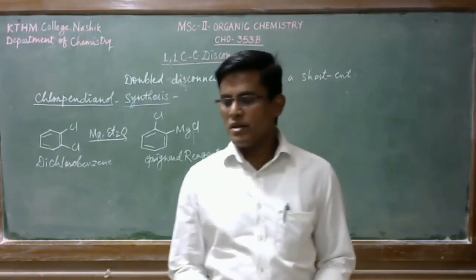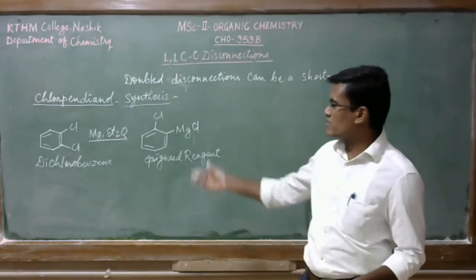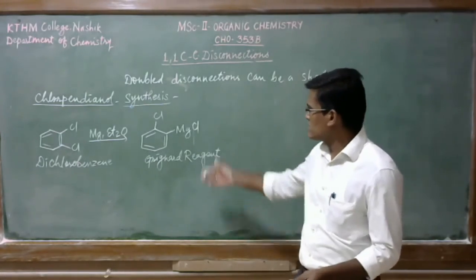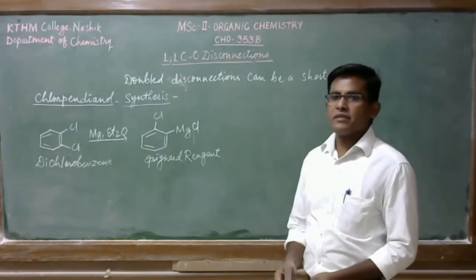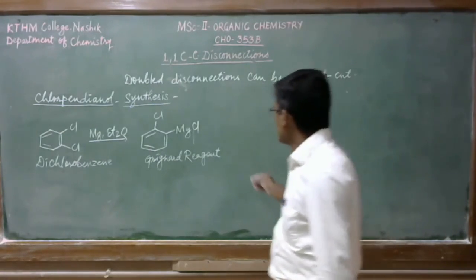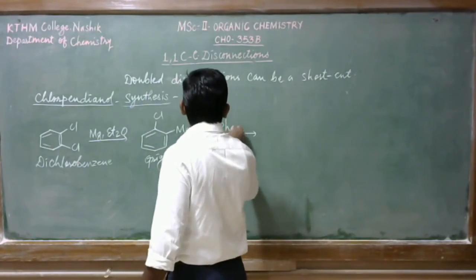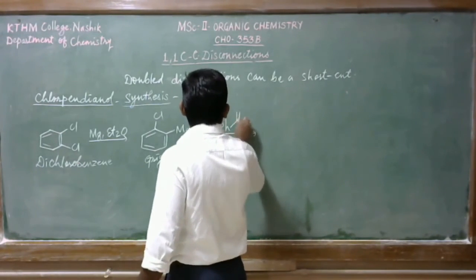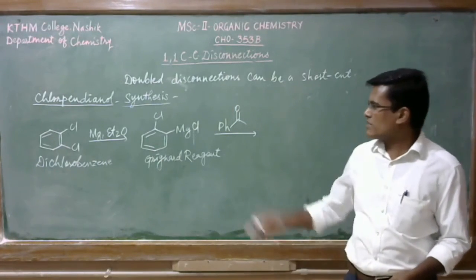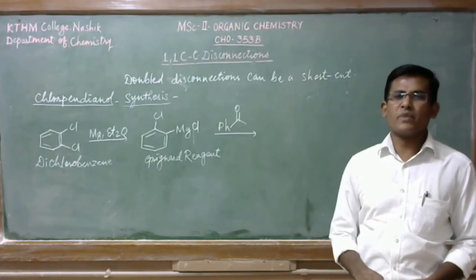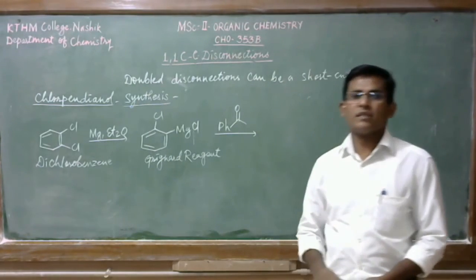So when you treat this dichlorobenzene with magnesium turnings in the presence of diethyl ether, it gives the phenyl magnesium chloride.